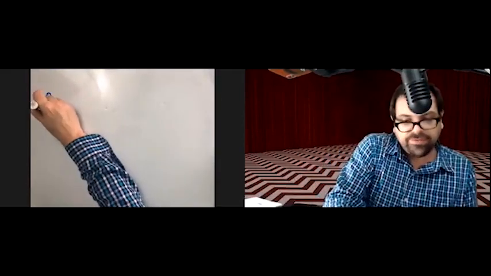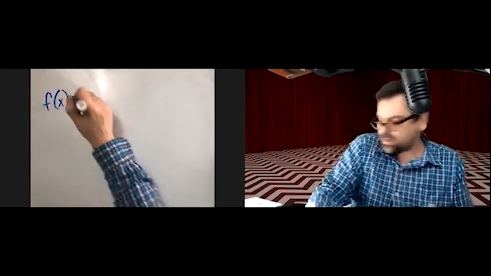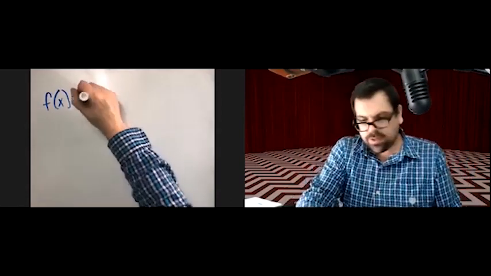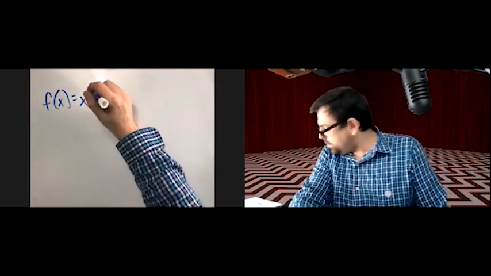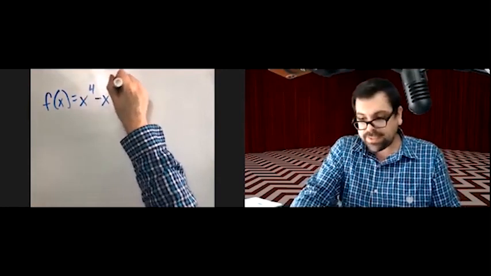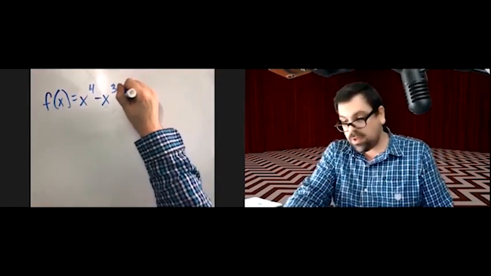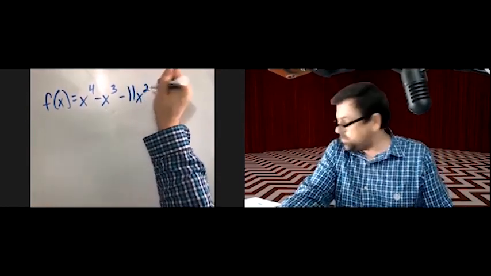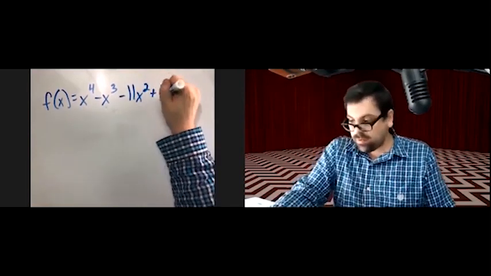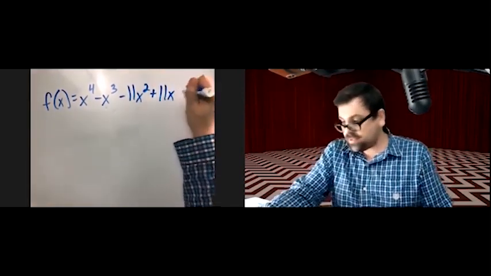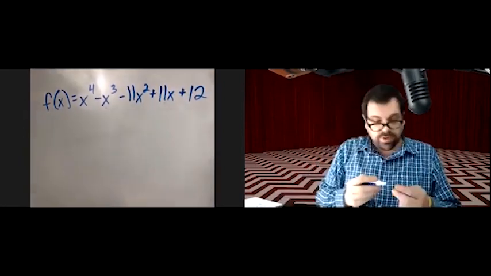So let's take a look at f of x equals x to the 4th minus x cubed minus 11x squared plus 11x plus 12.